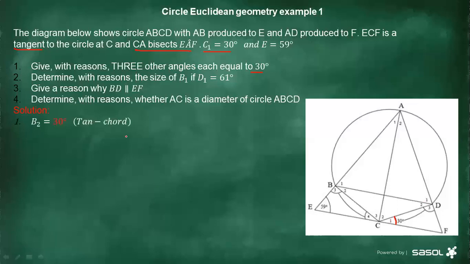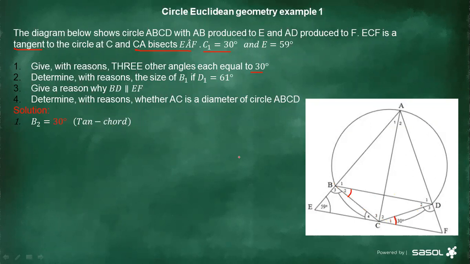The first angle that we have discovered is angle B2, which is 30 degrees, this angle here. Meaning angle C1 equals angle B2. What is the reason for that? It is tan chord, right? We can see that we have a triangle CBD, meaning this angle here is equal to this angle there.